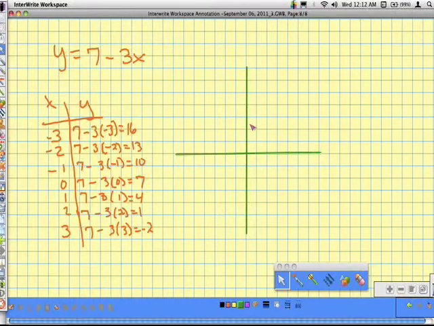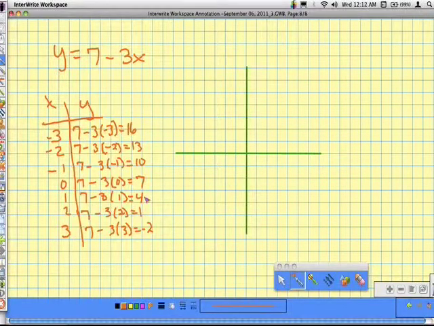Alright, so if we set this one up, we want to plot those points. So let's set this scale up going by 2's. So we'll have 2, 4, 6, 8, and so on. And this way, 2, 4, 6, 8, 10, 12, 14, 16. Alright, so this should fit. Let's actually go with this. Let's go with a scale of 1 on the x-axis, and let's go with a scale of 2 on the y-axis, sorry.